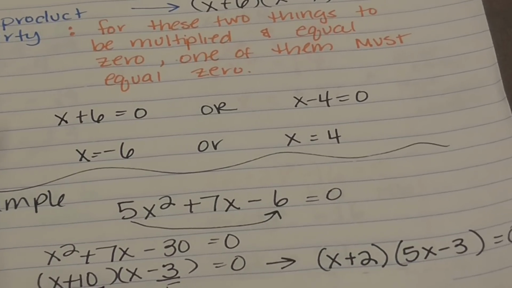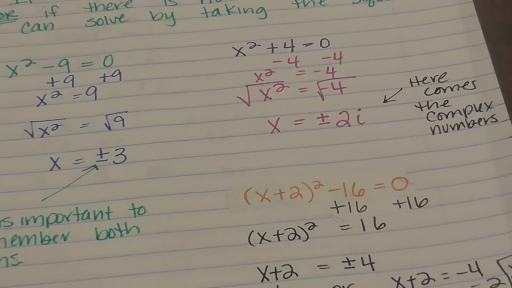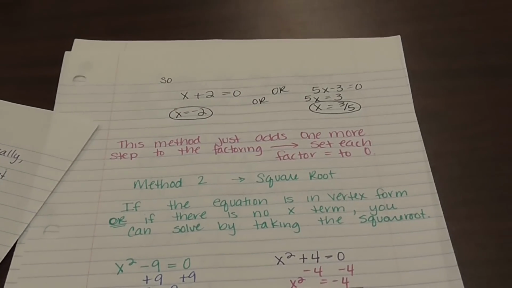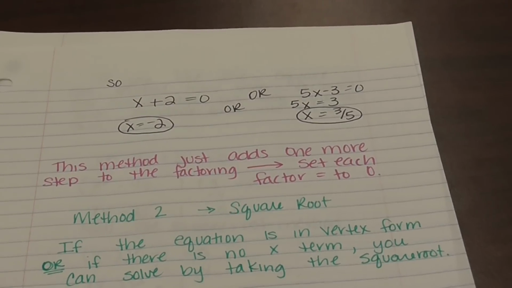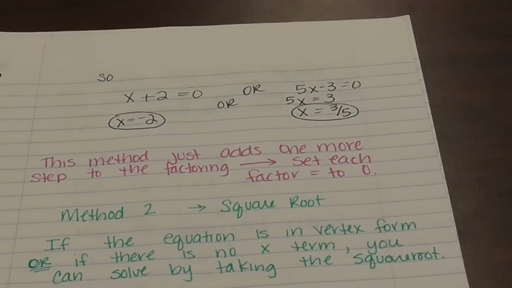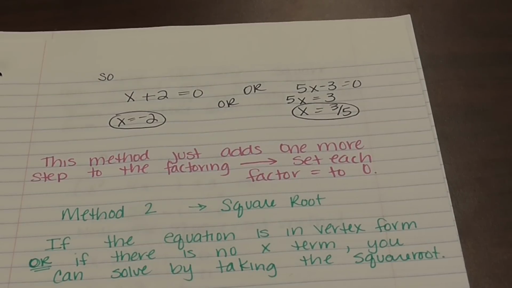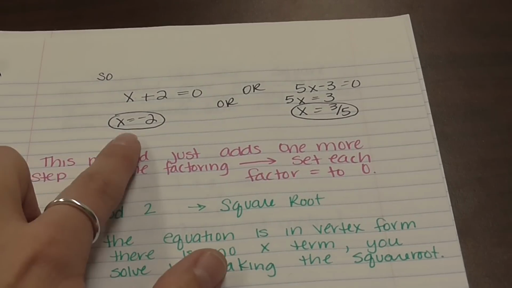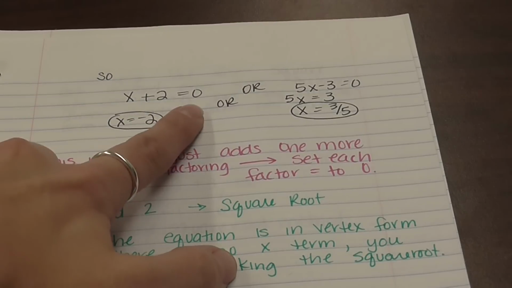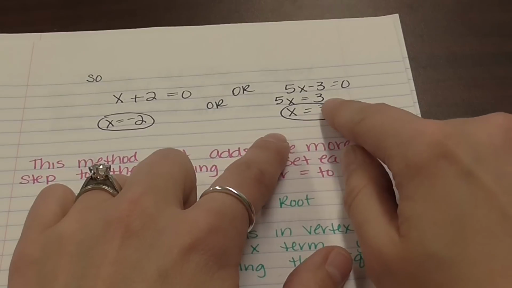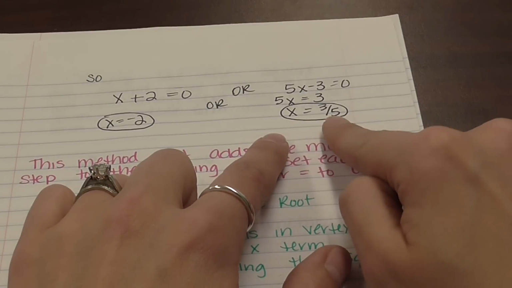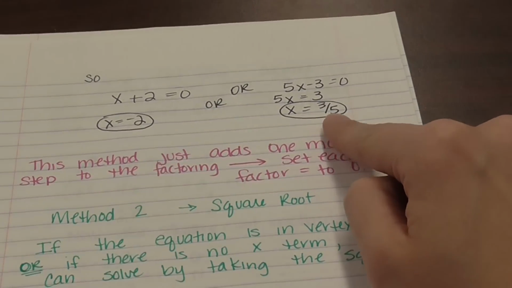So when either one of those equals 0, I've got to set x plus 2 equal to 0, and I've got to set 5x minus 3 equal to 0. So x either equals negative 2, because I just subtracted 2, or I have to add the 3 and then divide by 5 and I get x equals 3/5.